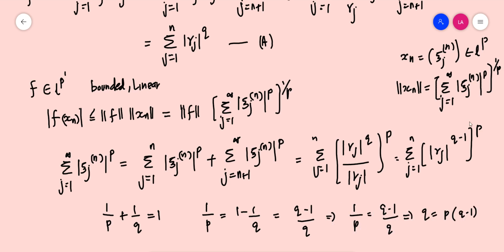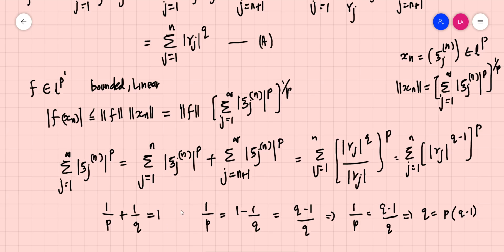Now if you look at this expansion, we get the summation of modulus of gamma j the whole raised to q minus 1, the whole raised to p. So this becomes the summation of modulus of gamma j the whole raised to p times q minus 1. Now p times q minus 1 is actually q whenever p and q are conjugate.